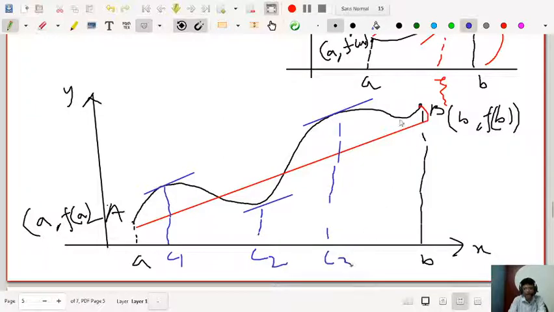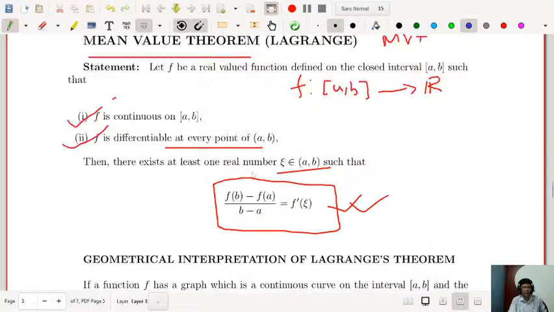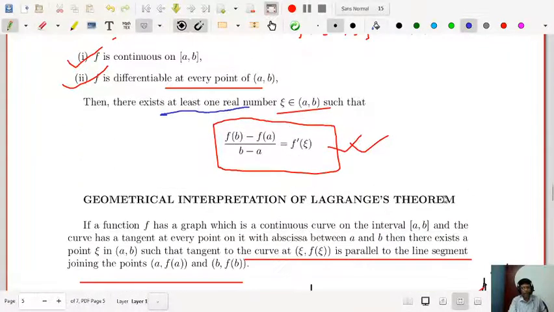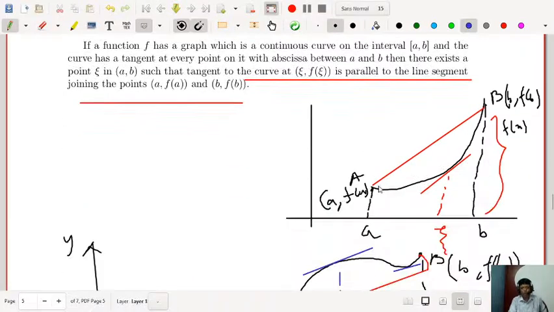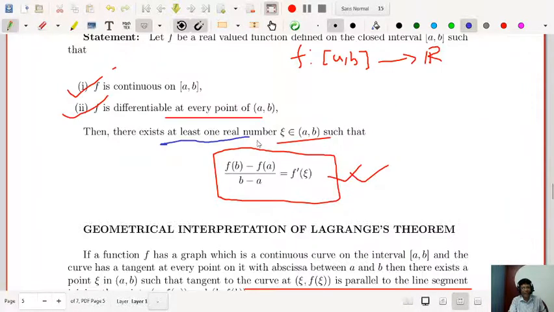And there is another point also, you can check, this is also parallel to this. So there are so many points, that is why the language is always at least one real number xi. So this is the geometrical interpretation. It is nothing but your chord line segment joining the points A and B, the tangent will be parallel to the chord. Okay, so this is your Lagrange's mean value theorem.